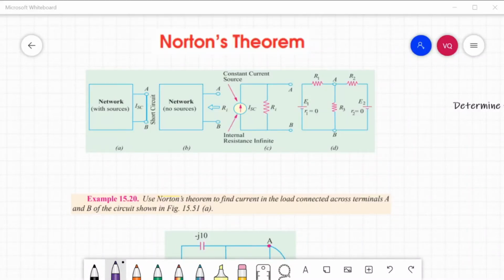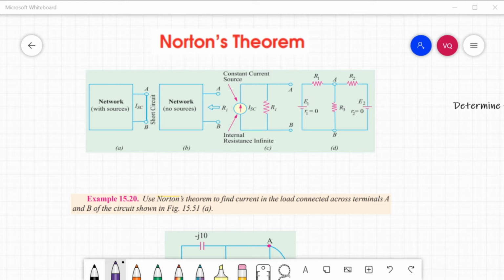As applied to AC networks, this theorem can be stated as: any two-terminal active linear network containing voltage sources and impedances, when viewed from its output terminals, is equivalent to a constant current source and a parallel impedance.